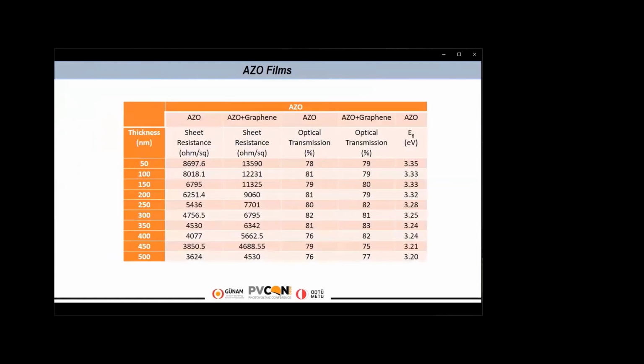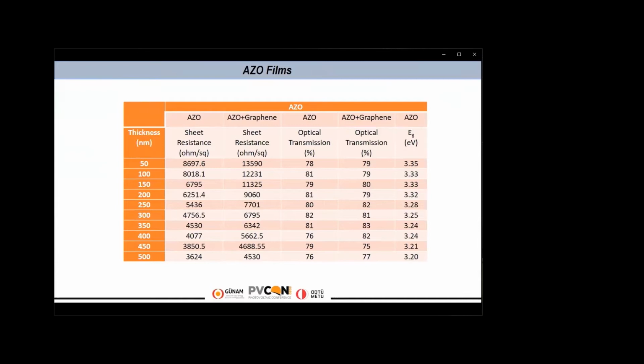When we check the AZO films' electrical and optical values, when we increase the AZO film thickness, sheet resistance decreases. On the other hand, with increase of AZO film thickness, optical transmission wasn't affected seriously. Generally, AZO films' optical transmission is 80%.